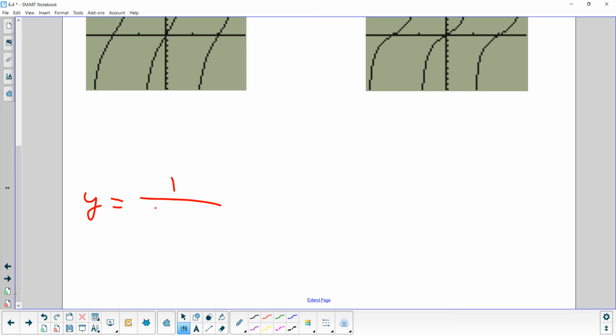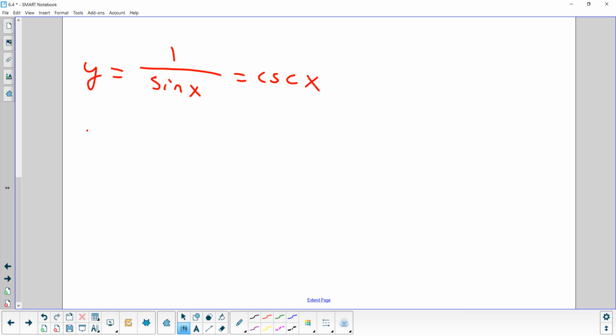Oh, sorry, it would be 1 over sine. Yeah, that would give you cosecant. And how would you type in secant? Michael? 1 over cosine.